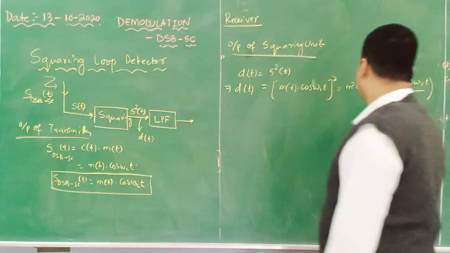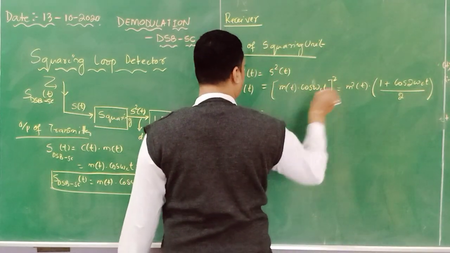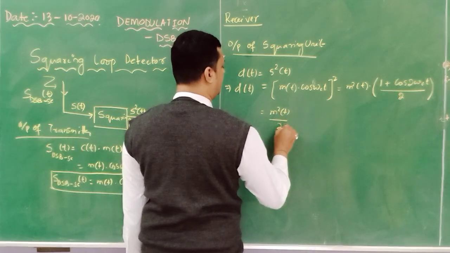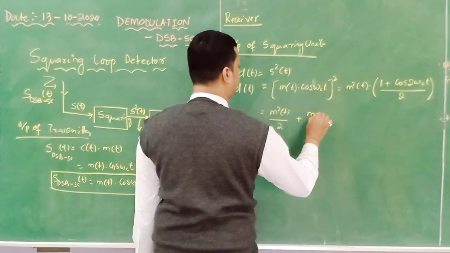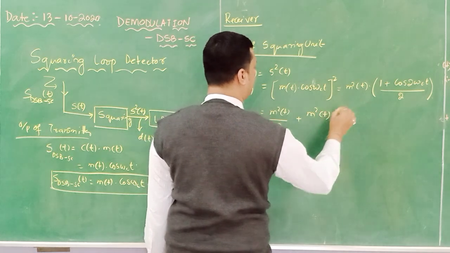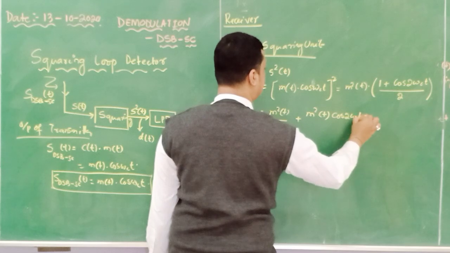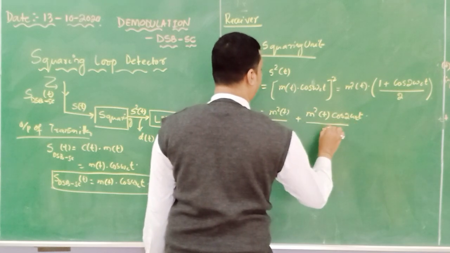Done. Now if you expand this, m square of t by 2 plus m square of t and cos 2 omega ct divided by 2.